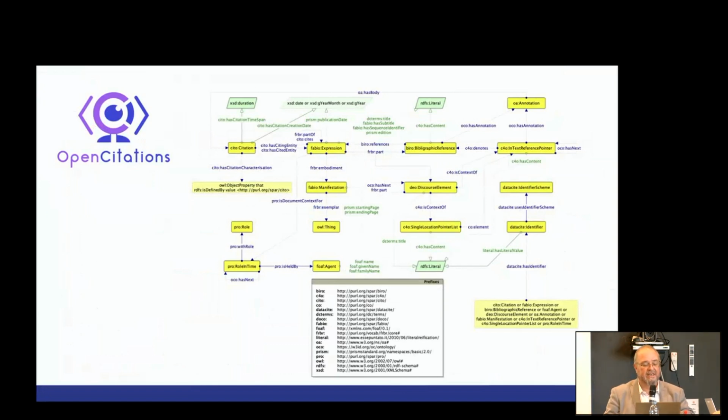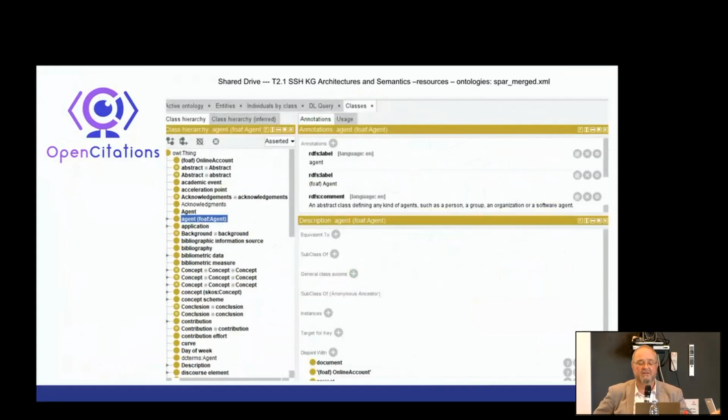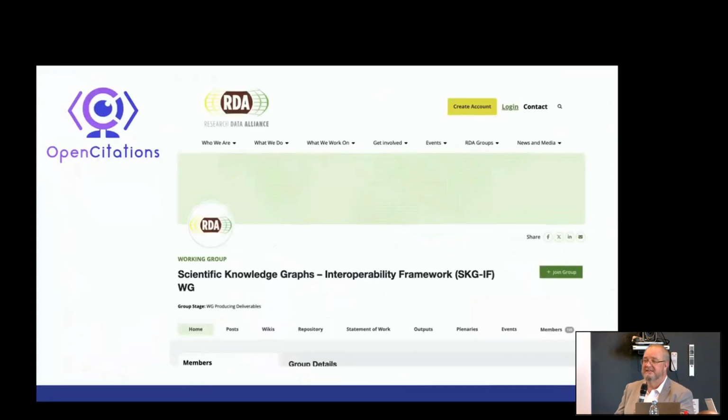Basically, this is aligned with the SPAR ontologies, right? I don't remember exactly what SPAR stands for, scientific publication something. Anyway. The most interesting thing in this work is that this alignment has been done with other knowledge graphs, including OpenAIRE.